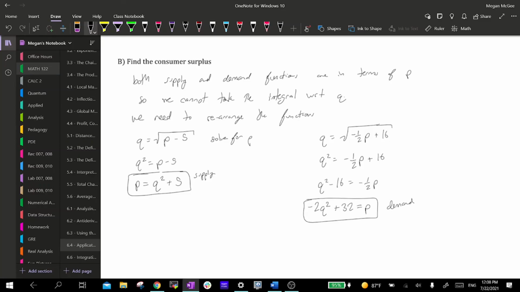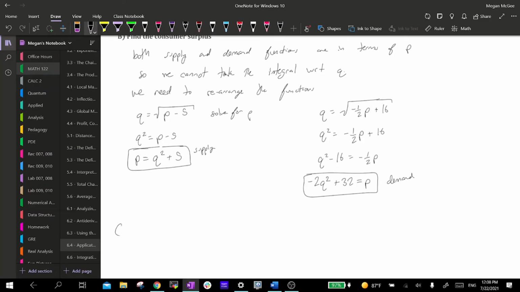So now that we have our equations in P equals form, in terms of Q, we can go about finding our consumer surplus. Our consumer surplus is the integral for our Q bounds, starting at 0, going up to our equilibrium quantity, which is 2.77. Our consumer surplus is the area above the horizontal line.